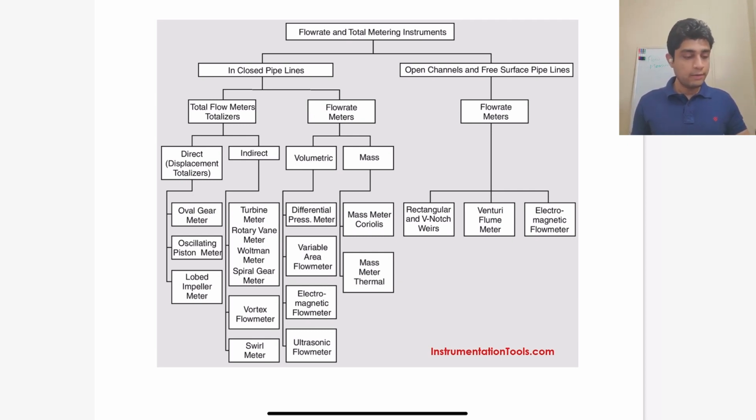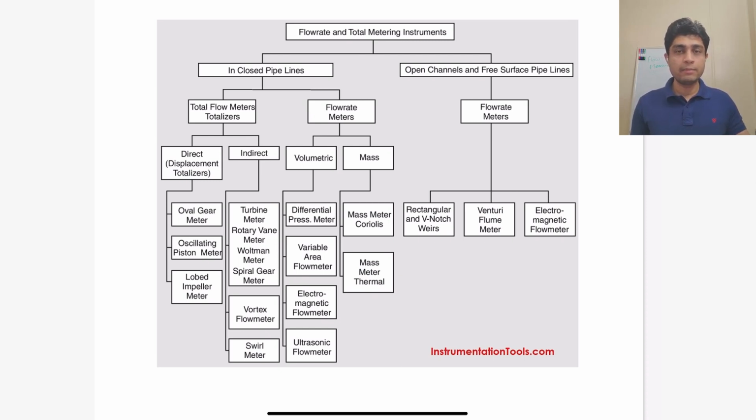And as you can see, there is a vast variety of these flow meters compared to something like pressure sensors or temperature meters. That's because we have flow in various different situations, and the fluid can also be different.